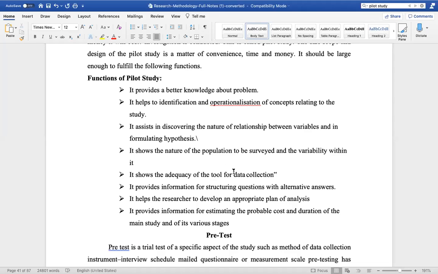So it shows me, is that adequate enough? Considering all the variability in case of socioeconomic status, in case of religious minority, whatever needs to be included, is it all included in the tool of data collection? It also helps me in providing a structure for my questions with alternative answers.